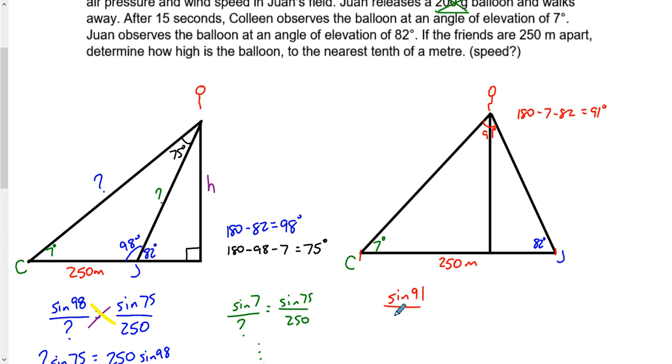So the sine of 91 over 250 would equal, well, we need to find out still the height here. There's no direct calculation that we can do to calculate what the height is, which means we're going to have to calculate either what this is or what that is in order to use the right triangle to find out our information.